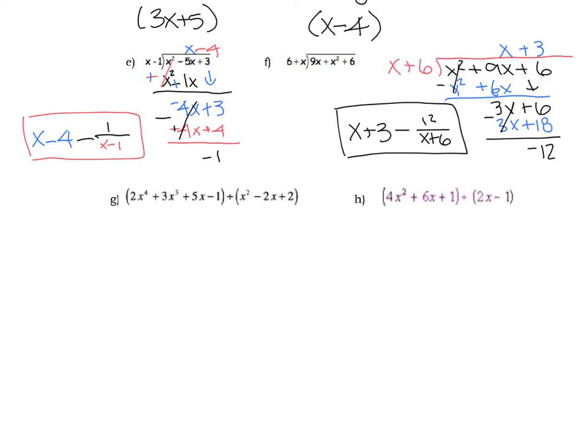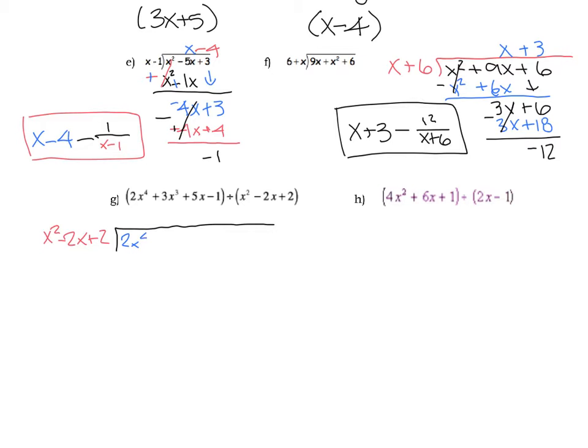All right, now let's look at G. Notice it's not written as the other problem, so I need to go ahead and rewrite this. So it's going to be x squared minus 2x plus 2 on the outside. And what's on the inside, I'm going to make sure I include everything.